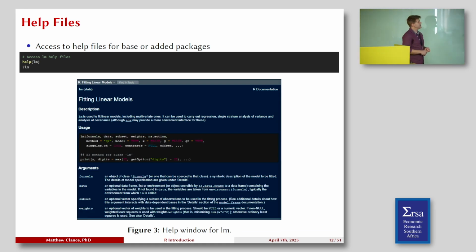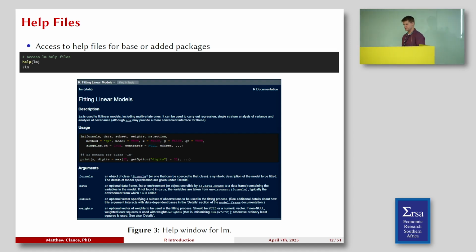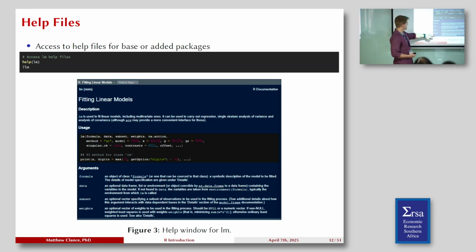So if we're actually in R and in the console, I can ask for help just like you would in Stata. Sorry, I use Stata a lot as well, so that's why I'll refer to it. Most people are familiar with it. This would allow me to bring up the help information, or the formatting information, for a particular program.